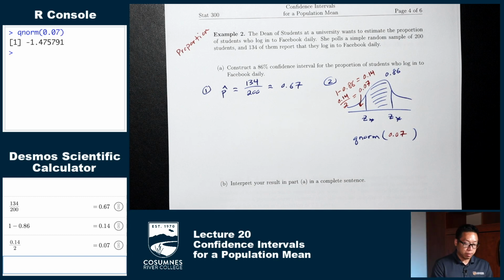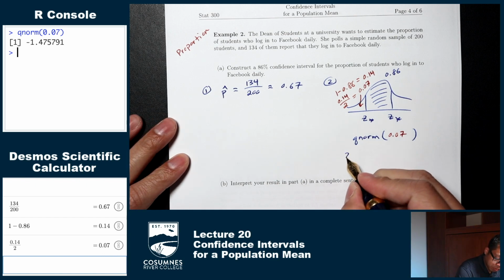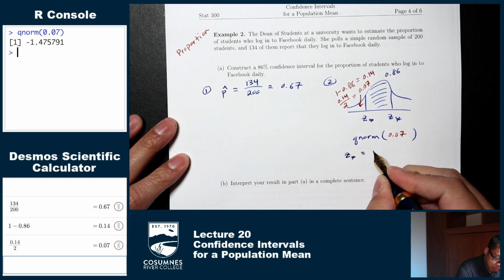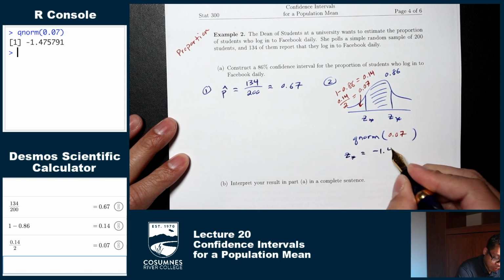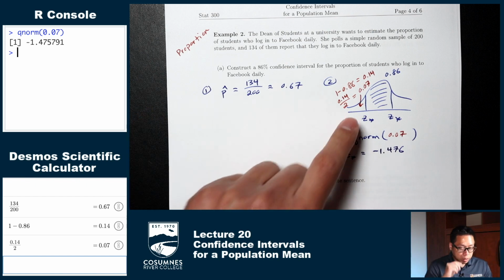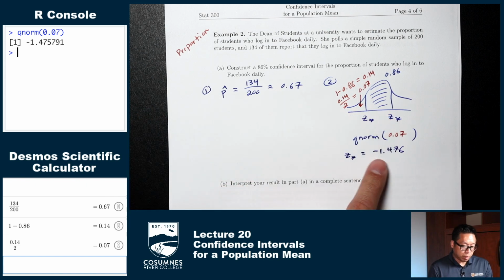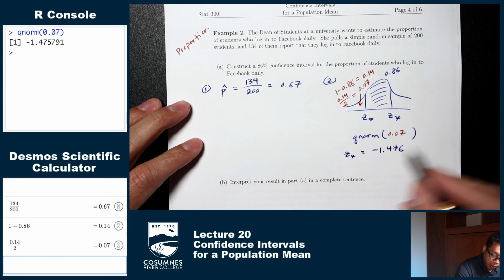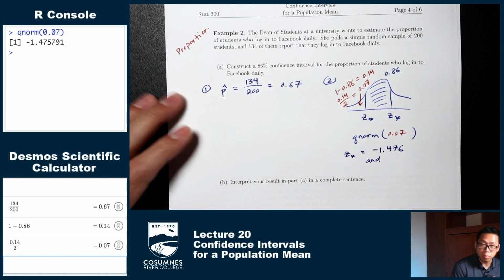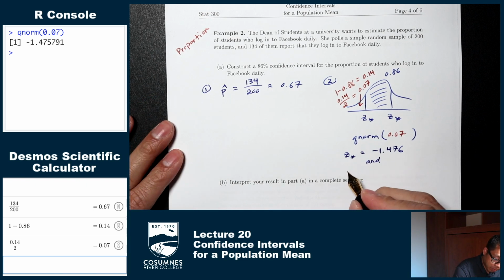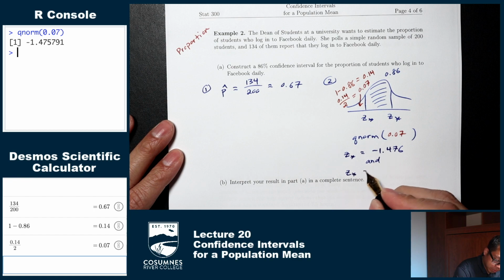This should give me the z stars: negative 1.476. From my picture, I expect 2 z stars. The negative one is the one on the left. The one on the right is going to be just the positive version, so positive 1.476.